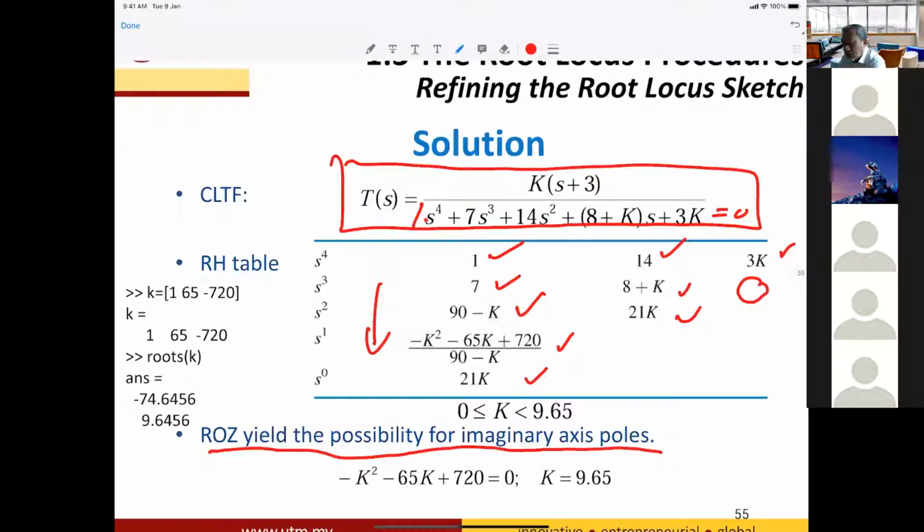The equation now becomes minus K square minus 65K plus 720.